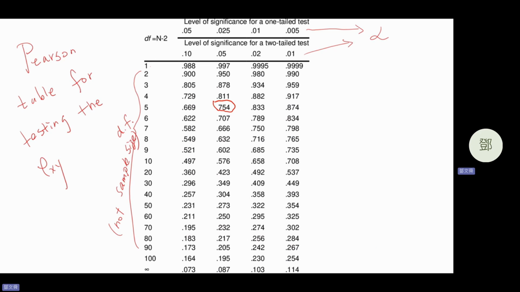The degree of freedom is n minus 2, so the difference is 2. In the previous table we looked at the row of 7, but here the row is for 5. DF 5 is equivalent to sample size 7 in the previous table, and the critical value is the same, 0.754. Understand?